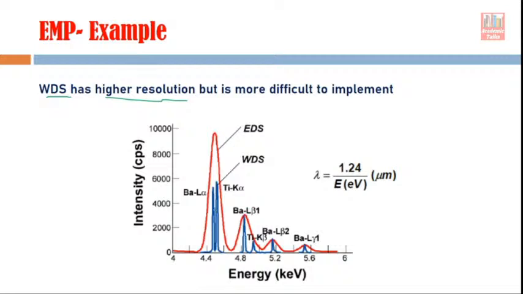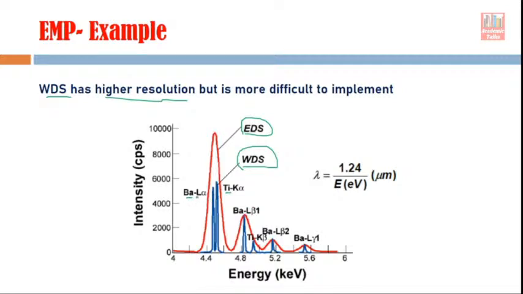This blue signal is obtained with the help of WDS, and this red signal is obtained with the help of EDS. If you see this WDS signal from the same sample, these blue peaks are two different peaks actually, because they correspond to different transitions, and they correspond to different elements also. One peak is from titanium, and this first peak is from barium, right?